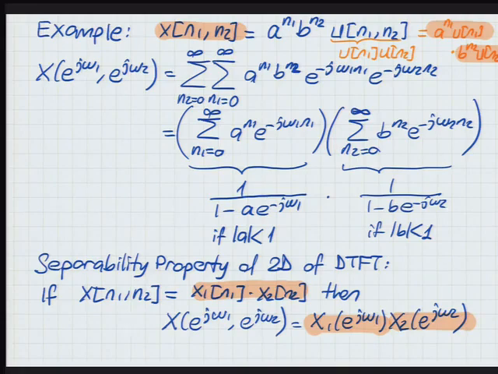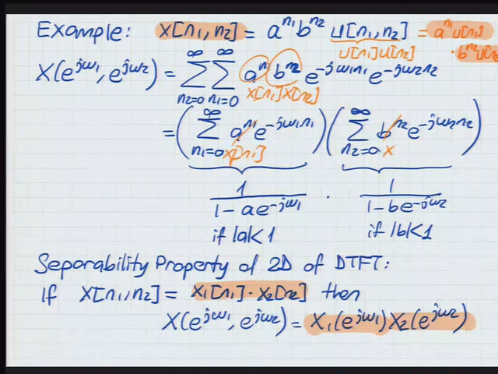You can just change this to x1 of n1, x2 of n2, instead of this and that, right?